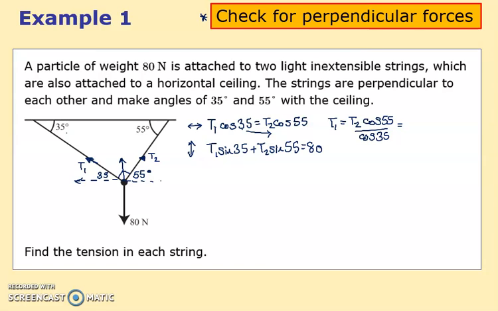So cos 55 divided by cos 35, and I'm going to need a few decimal places. I'm going to use this cheaty method. It's 0.700208. It's not exact, but I have lots of decimal places. I'm not going to lose any accuracy because I've got lots of accuracy there, times by the T2. So effectively I've worked this bit out.